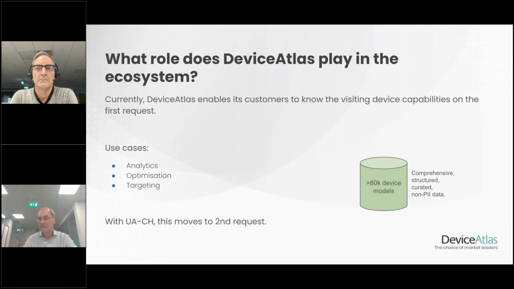DeviceAtlas currently tracks over 80,000 device models and it has comprehensive, structured, curated data on each. And importantly, all this data is non-PII. There is absolutely no user information at all. It's just information about the device and its capabilities. And this is used extensively for analytics, optimization, targeting use cases. So all of this intelligence will move to the second request under the client hints initiative.